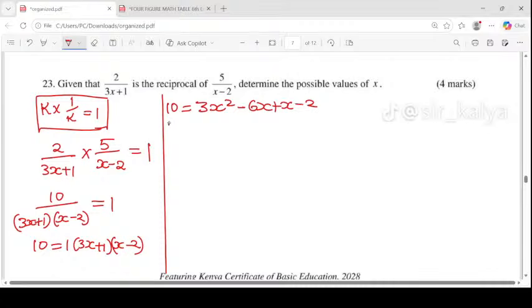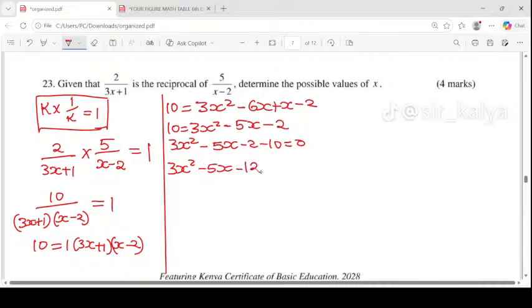So this will be now 10 is equal to 3x squared minus 5x minus 2. When you bring this to the other side, I'll have 3x squared minus 5x minus 2 minus 10 is equal to 0. So this will mean 3x squared minus 5x minus 12 is equivalent to 0.